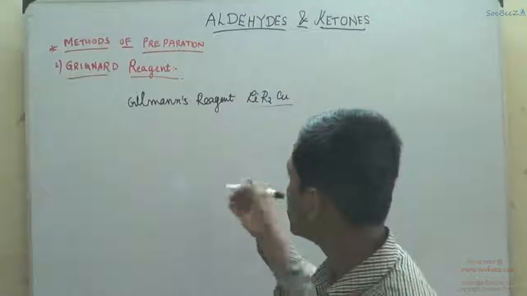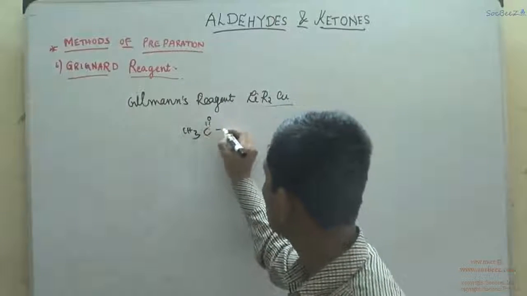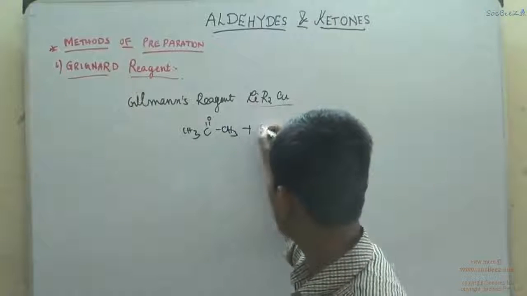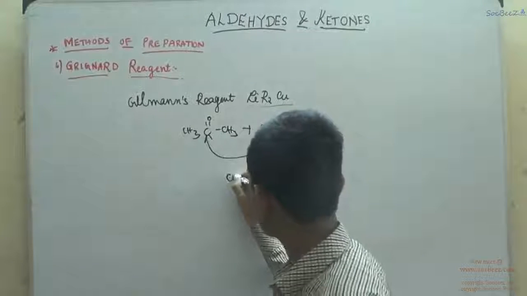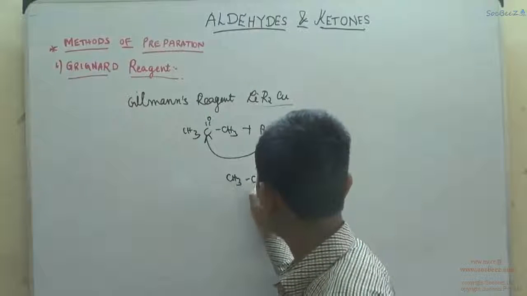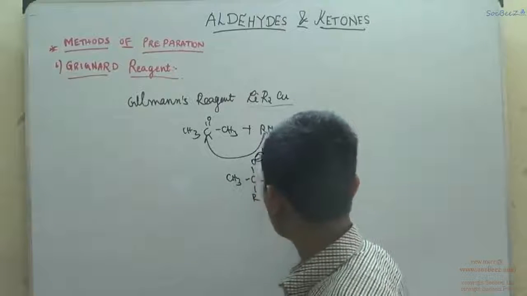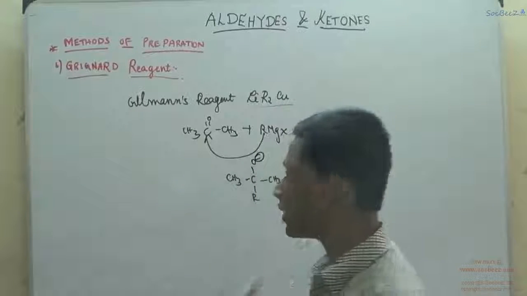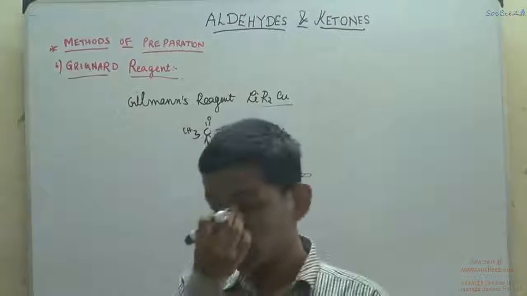So basically Grignard reagent will again react with the ketone plus RMgX. So R goes here, and it will give rise to the alkoxide, and it will pick up a proton to give tertiary alcohol. So that's the main problem of this reaction.